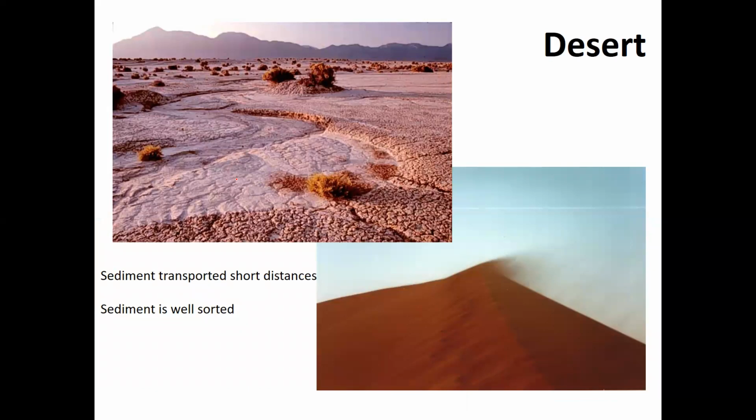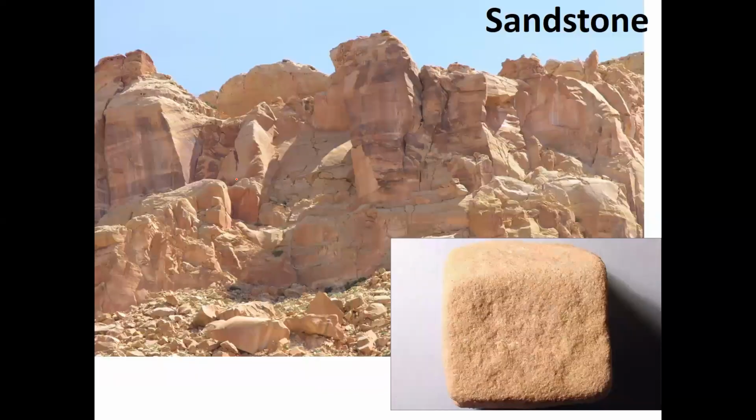You have a desert environment where sand is being transported and deposited in dunes. And that can form sandstone. As I said earlier, sand deposited by wind is usually not as rounded as sand deposited by water. So the sand is more coarse.